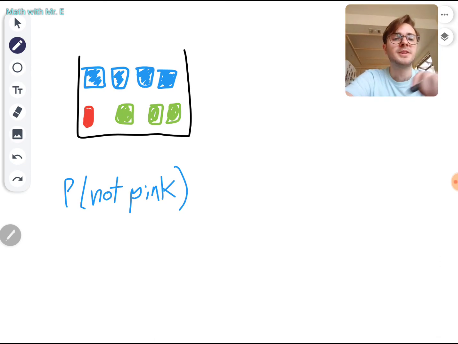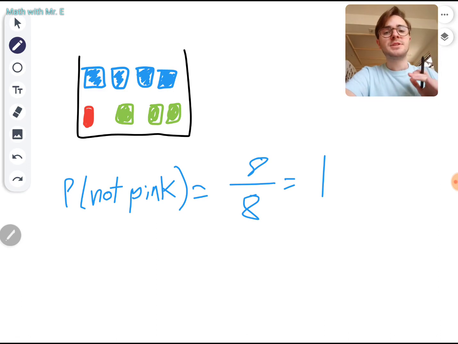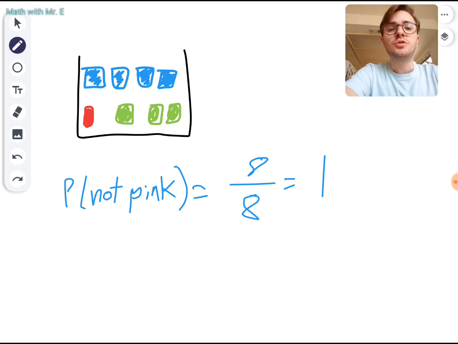Okay, so the probability that it's not pink. Well, 8 of these cubes are not pink, and there are 8 total cubes. So if I draw 1 out of there, 8 over 8 equals 1. So a probability of 1 means it is absolutely going to happen. So anytime that I go to draw a cube out of this box, it will always not be pink, because that is not a possibility. So that is a look at probability.